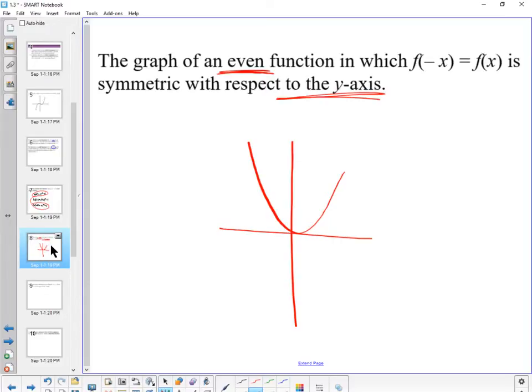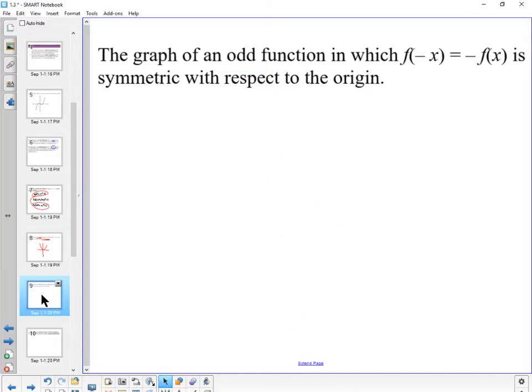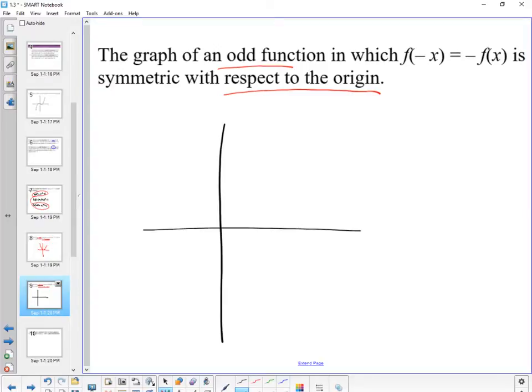If I have an odd function, it's going to have symmetry with respect to the origin. Odd functions will have symmetry with respect to the origin. Think about the cube graph. It looks like this, and then the other half goes down, right?